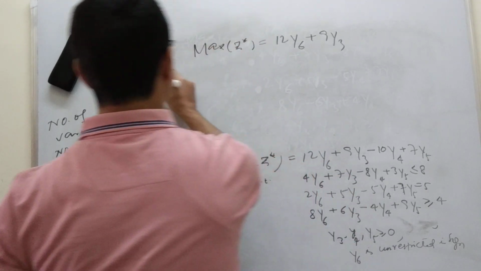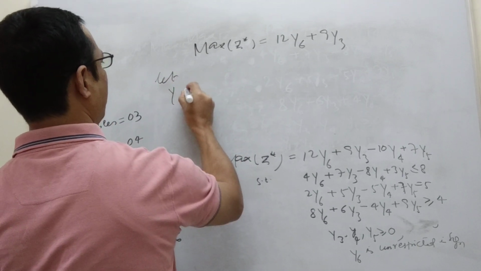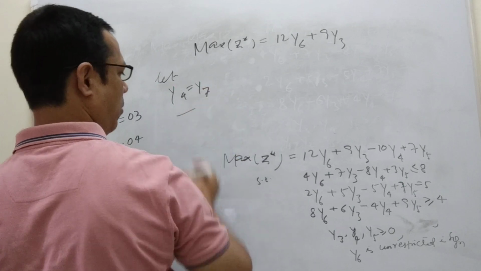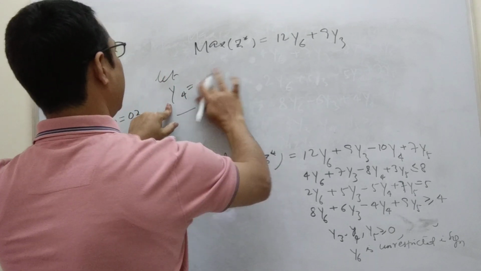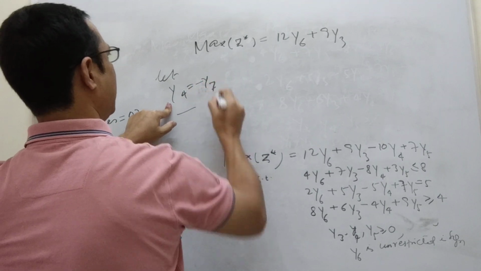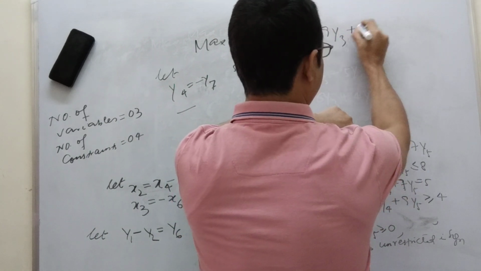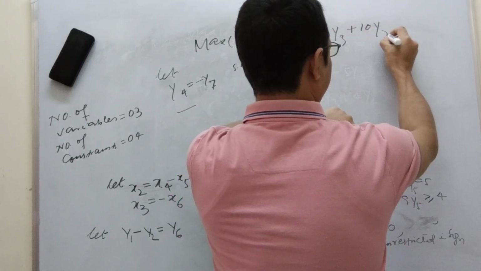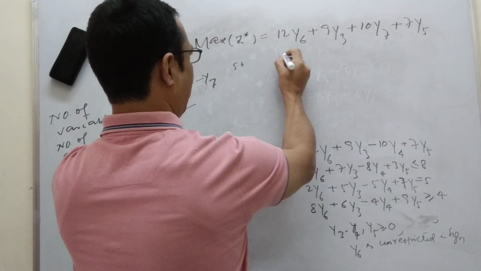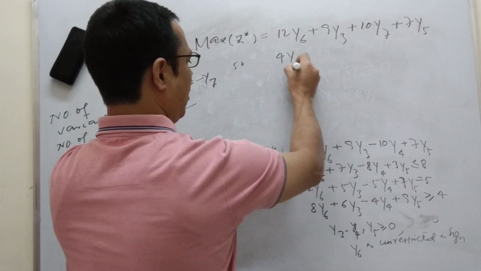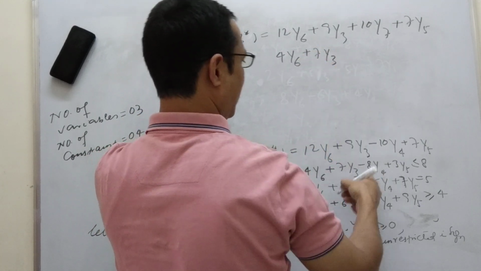It means now you can write: let y4 is equal to y7, because up to y6 we have already considered. So now you can replace y4 with negative sign, minus y7. So here, subject to, the negative will get changed. So 10y7 plus 7y5, and now here 4y6, step by step. It is better to move step by step. That's why I am moving very slowly, just for understanding.